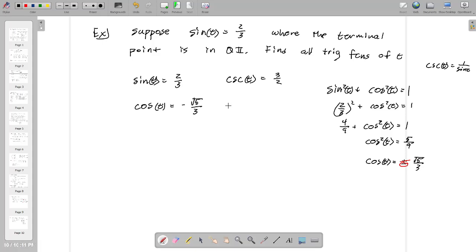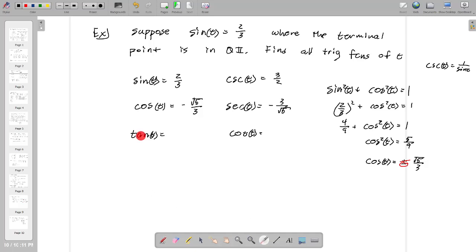This also gives us secant of t, because secant is the reciprocal of cosine, so you simply flip the fraction: negative 3 divided by square root 5. Now all we need to do is find tangent of t and cotangent of t. There are two ways to do this.